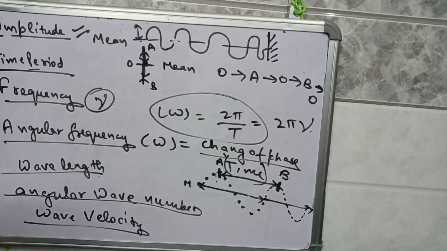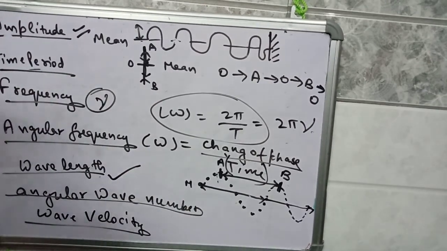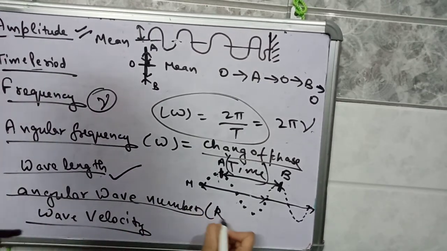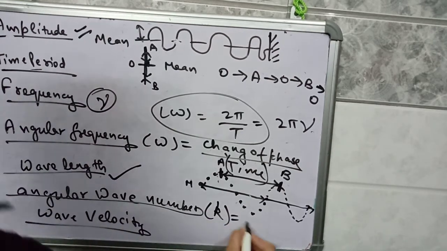Okay, next is angular wave number. So what do you mean by angular wave number? Angular wave number is denoted by small letter k. And what is the definition of angular wave number? It is defined as phase change per unit path difference.